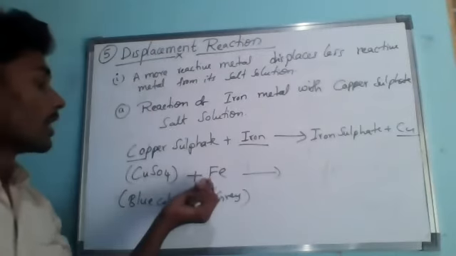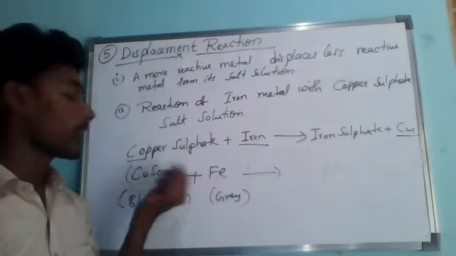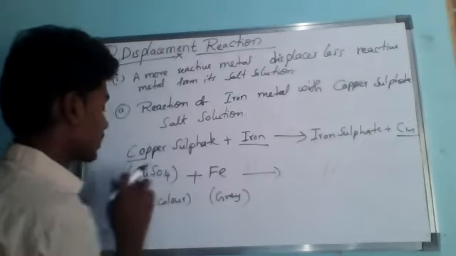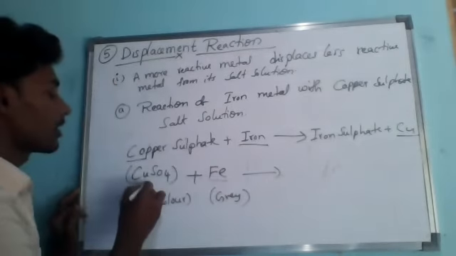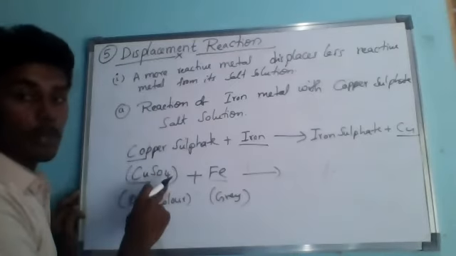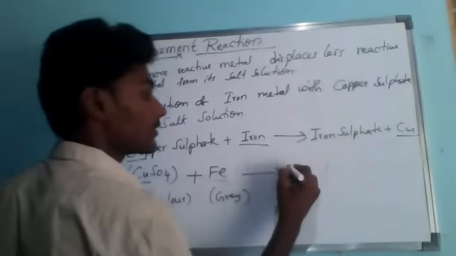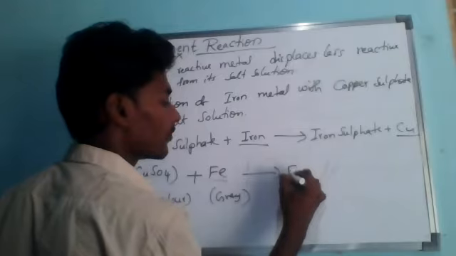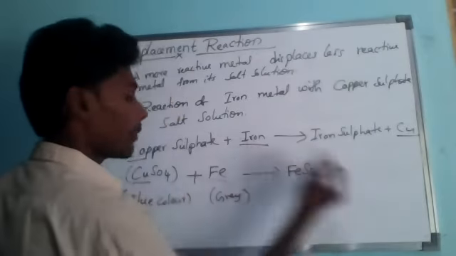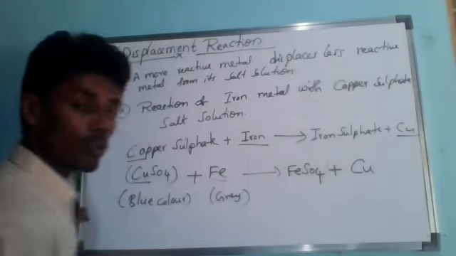Here the atoms of iron are more reactive than copper, so they react with the copper sulfate. The iron pushes out the copper from its copper sulfate salt solution and combines in its place, forming FeSO4 plus copper, which comes out free.